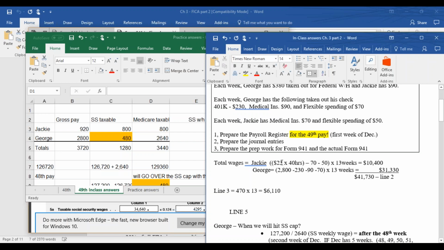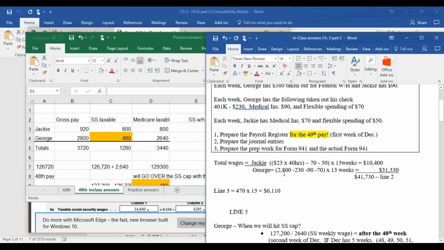I took Jackie's hours. Remember, she had $23 an hour times 40 hours. And then she also had some withholdings. Those weren't taxable for Social Security, and you'll find out that they're also not taxable for federal. And we're going to then multiply, because that's what she made in 1 week, by 13 weeks. So she had a total of $10,400 for the quarter.